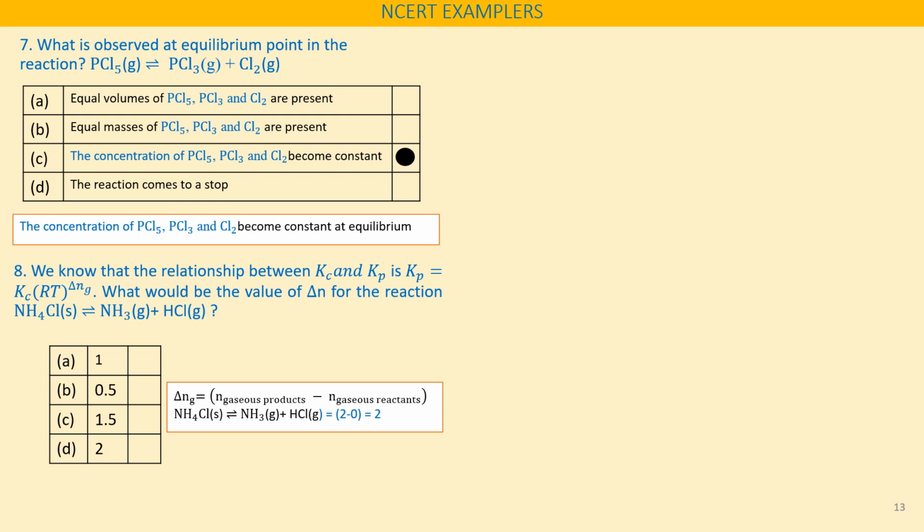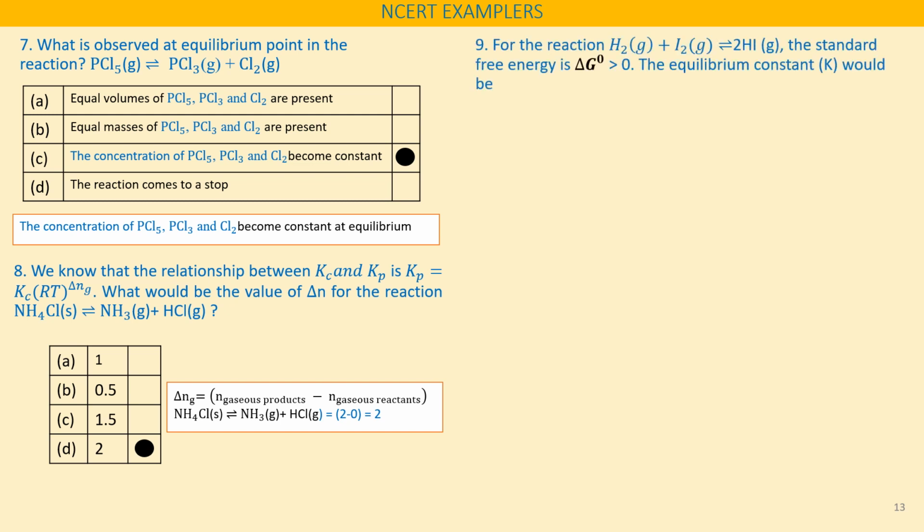For the products NH3 plus HCl, it is 1 plus 1, because the stoichiometric coefficient is 1 each. On the left-hand side there is no gaseous reactant, hence the number of moles of gaseous reactant is 0. Therefore, the value is 2. The correct answer is option D.